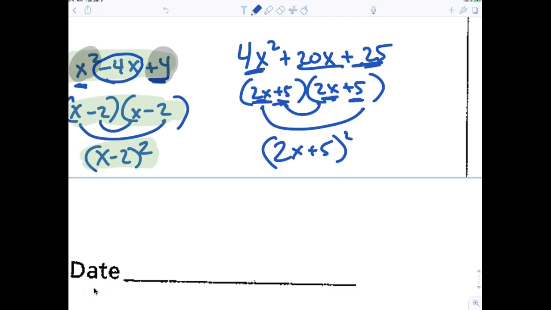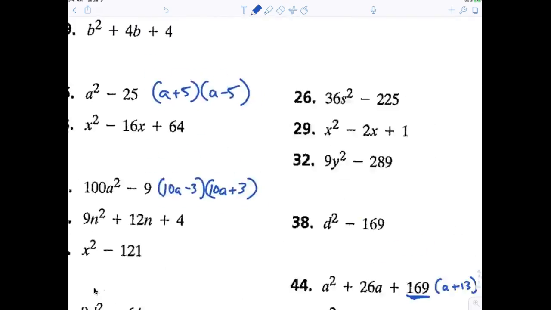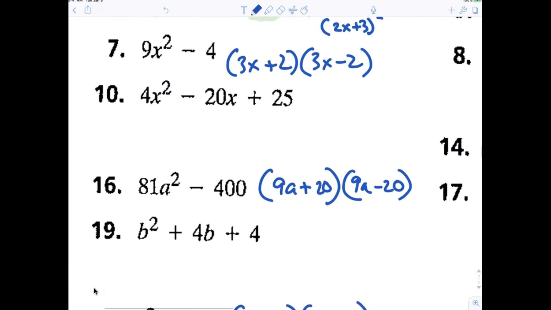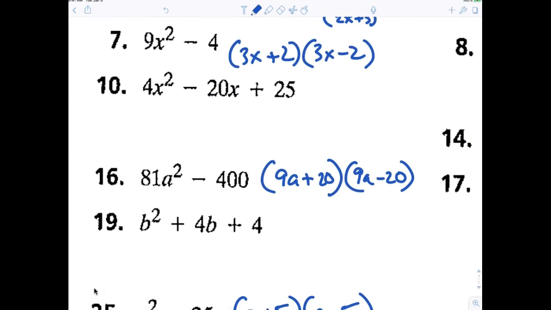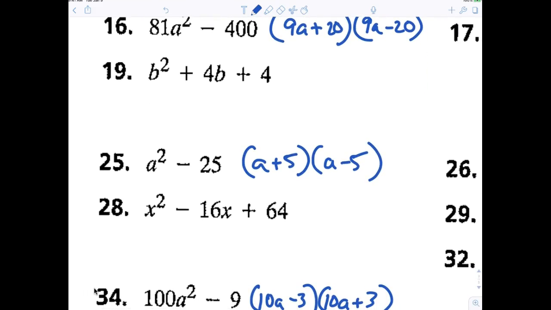No problems. All right, so now let's just do a couple examples just to make sure you're good. Well, we just did number 10, which is kind of weird. So that would be, again, 2x minus 5 squared. Now let's talk about 19. Somebody tell me about 19. Who?